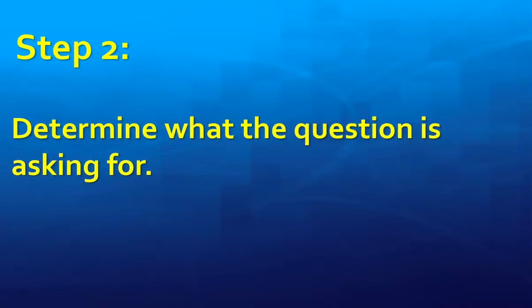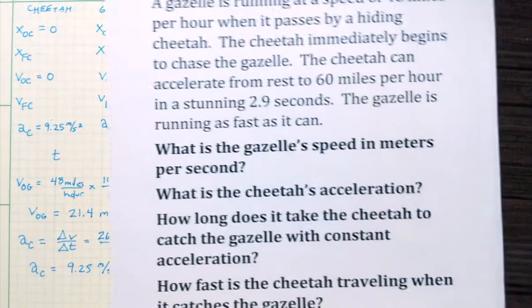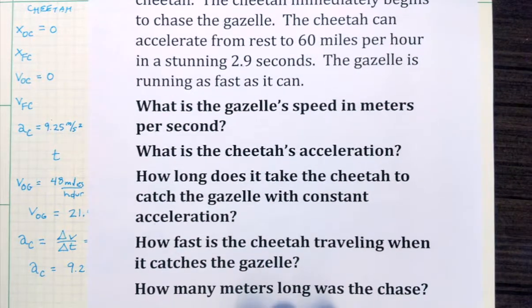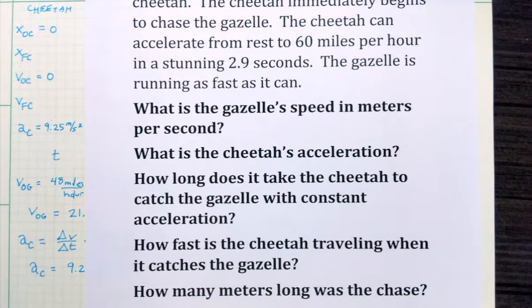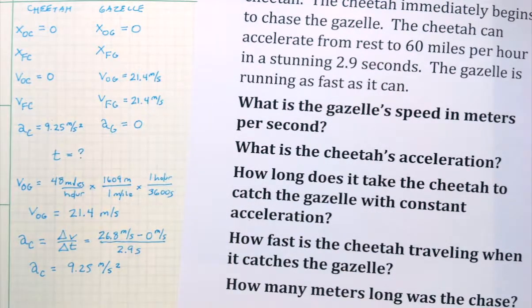The second step is to figure out what the problem is asking for. We've already answered the first two questions in the process of getting our data into the right units. And so we are asked, how long does it take the cheetah to catch the gazelle? That is, over here in our data table, that is time.